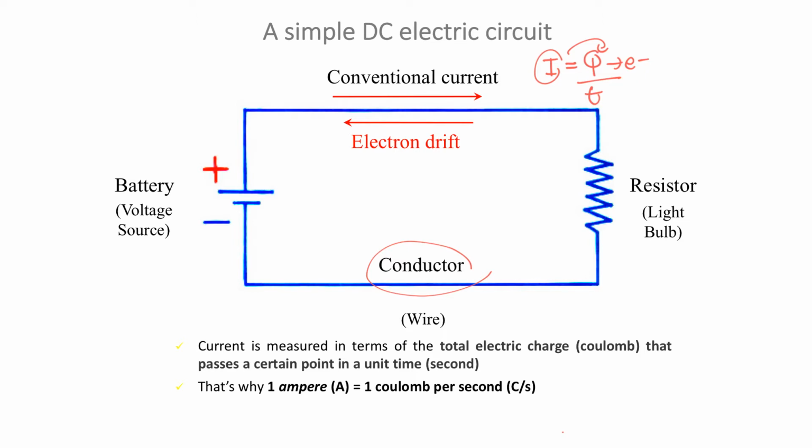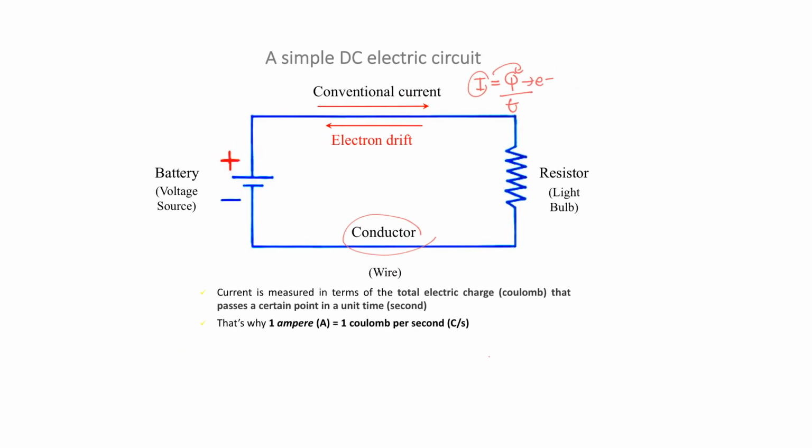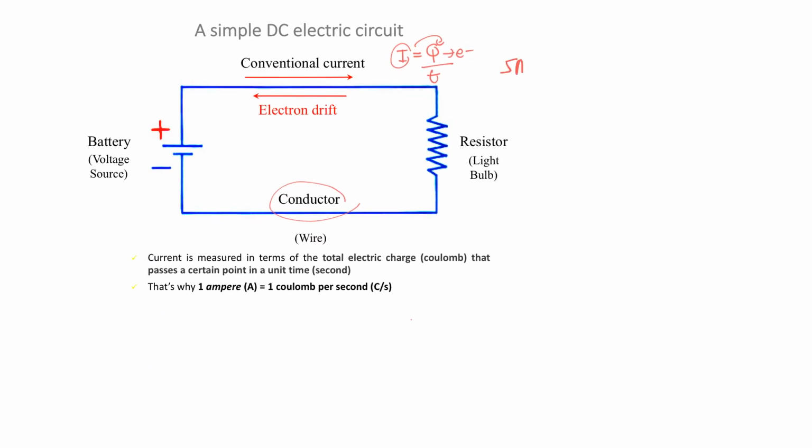So if, for example, you have 5 ampere and there's a wire over there, definitely you are going to produce 5 ampere. But why, when you have a resistor, and what is the function of a resistor? To resist the current flow, or we can say to limit the current flow.